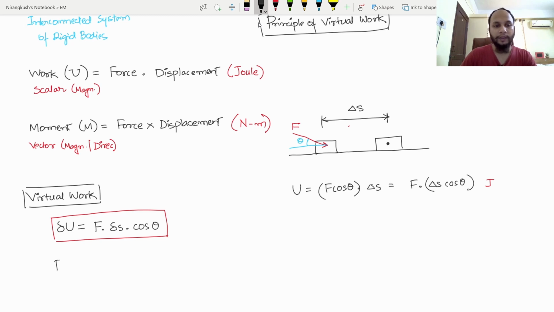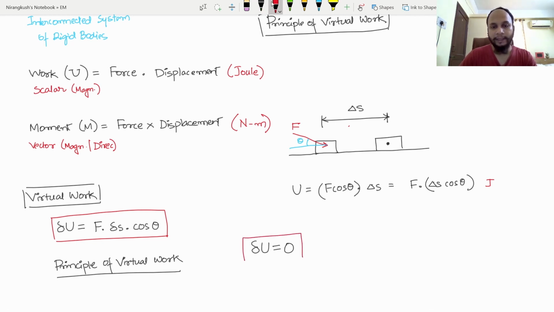And the principle of virtual work states that to find the equilibrium of a system of interconnected rigid bodies, this has to be 0. Basically, to find the equilibrium, this is a necessary and sufficient condition.